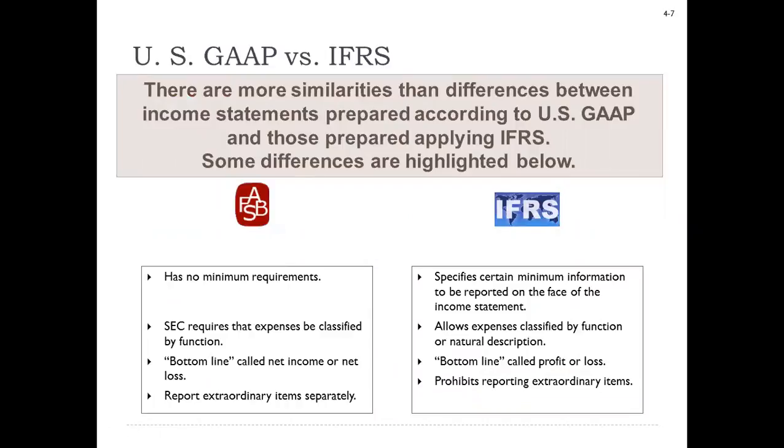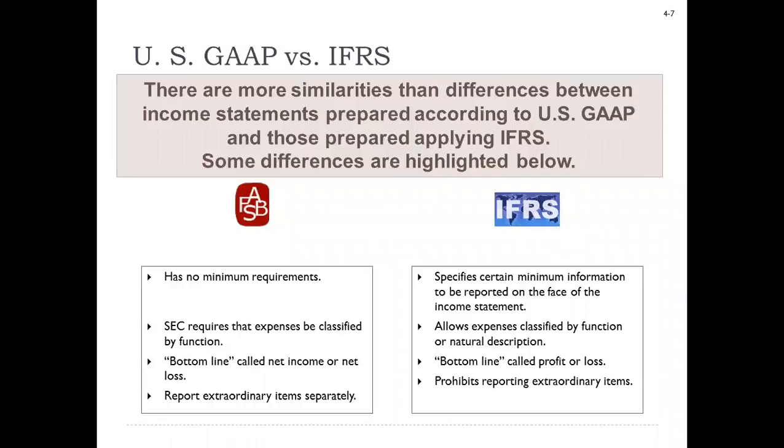This is a good time to explain the difference between US GAAP and IFRS. IFRS, as you remember, stands for International Financial Reporting Standards. US GAAP, as you recall, are the rules that accountants follow in preparing financial statements.